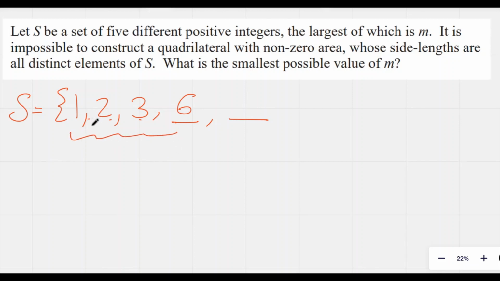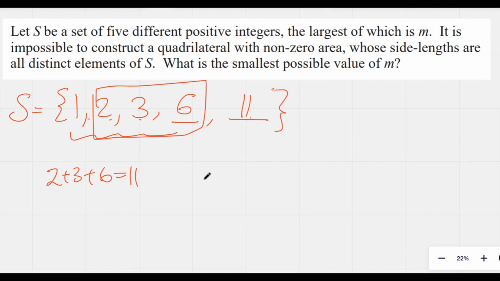If I want this number to be bigger than 1, 2, 3, and 6, and also bigger than or equal to any sum of these 3 numbers, let's just choose the sum of these 3 numbers to be as big as possible, i.e. choose 2, 3, and 6. And 2 plus 3 plus 6 is 11. So this fifth number has to be at least 11 in order to not obey the quadrilateral inequality. And again, we're trying to minimize it, so let's just choose it to be 11.